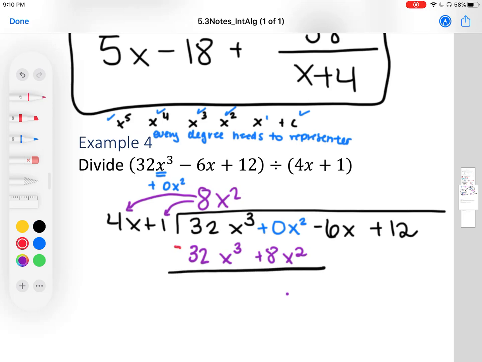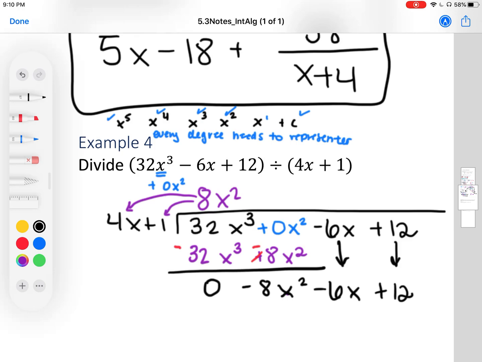So we change the sign of each term. And every term we get a 0. And then we're left with 0 minus 8, we get minus 8x squared. And then we bring down all of our numbers. You can bring them down all at the same shot.